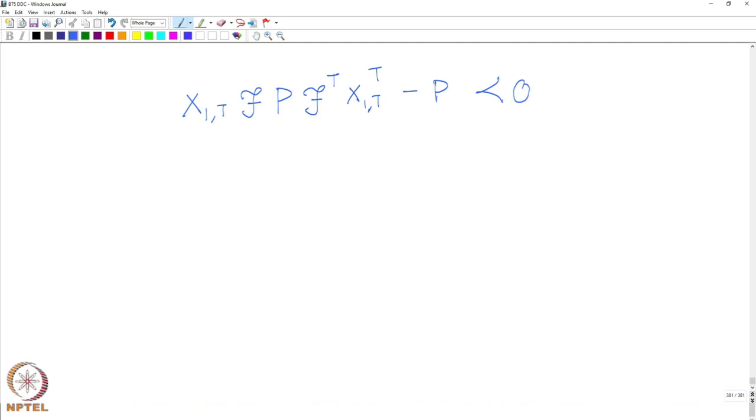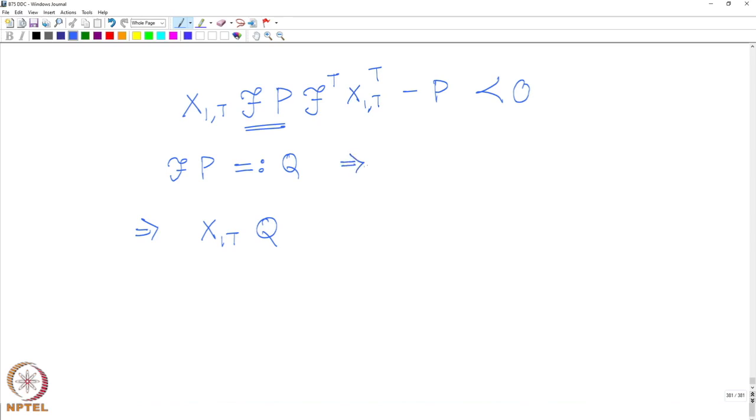Okay. Now I am going to define F times P as a matrix Q. F times P is equal to Q. This would imply then X1T, FP is sitting over here, so I have a Q here. Now, I see this F transpose also over here.